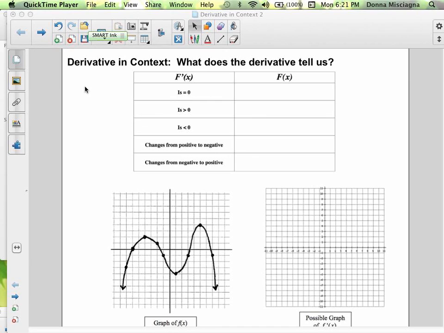The derivative in context. Right, so here on the left-hand side we have the graph of f of x. When we're talking about the derivative, it tells us slopes at different points of tangency. Let's write that in.